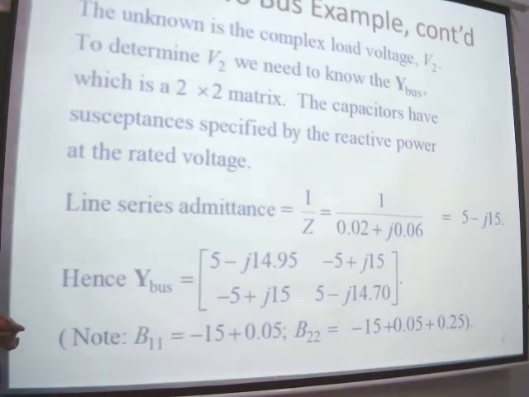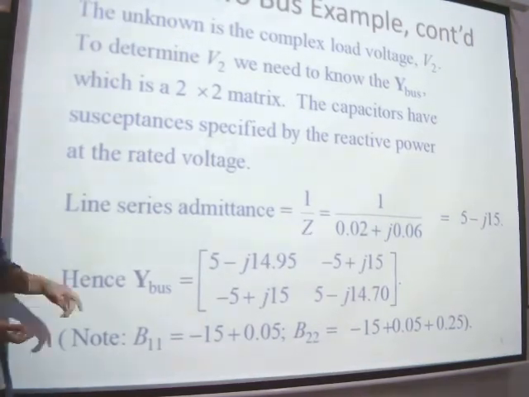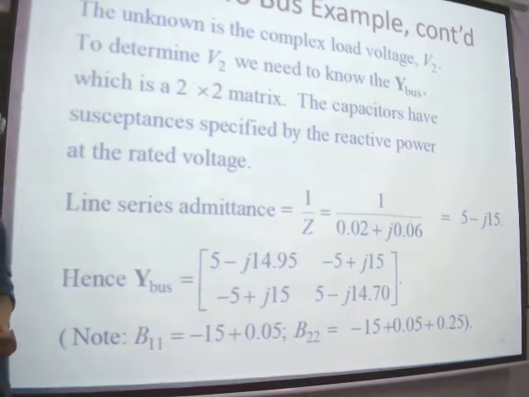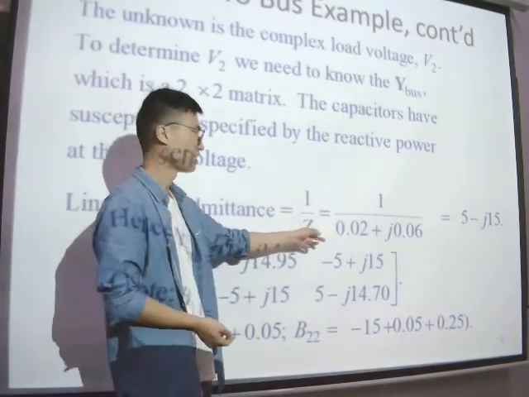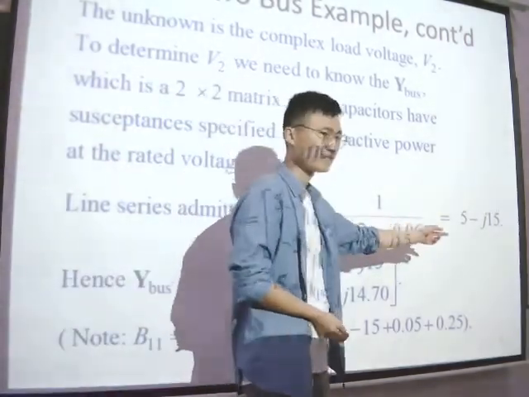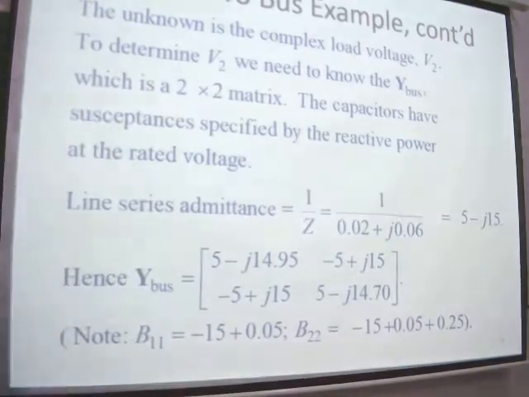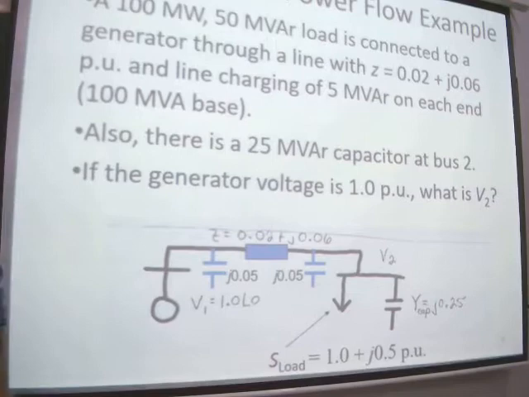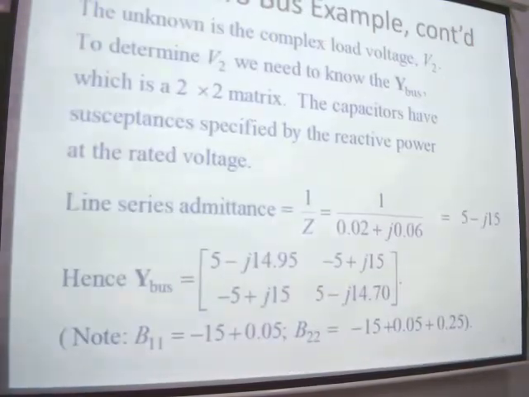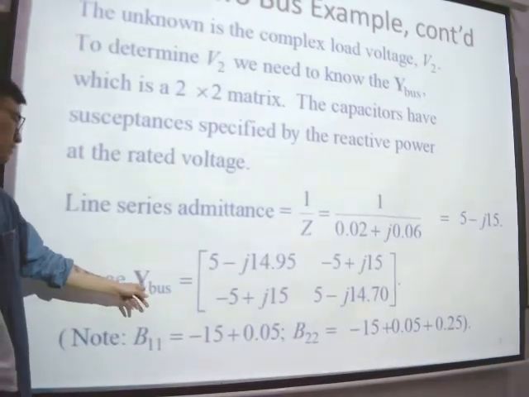The first step is to convert the impedance to admittance, taking the inverse of the impedance. So here is the line admittance.